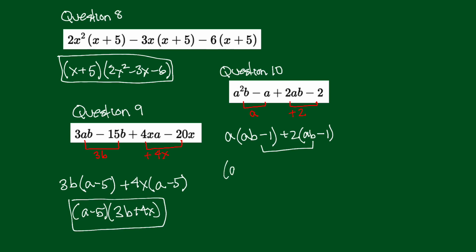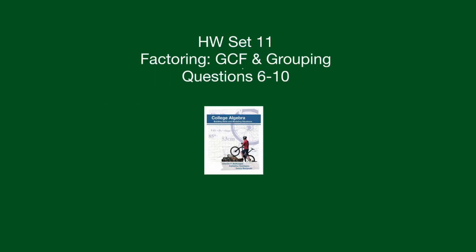What's common here is AB minus 1. And what's left if you take that out? If you take out that AB minus 1, you're left with an A here and a plus 2 here. There is the factored form. And that ends questions 6 through 10 in our homework set 11.